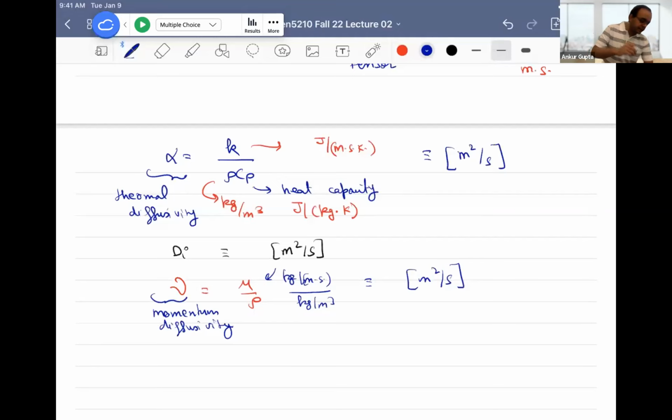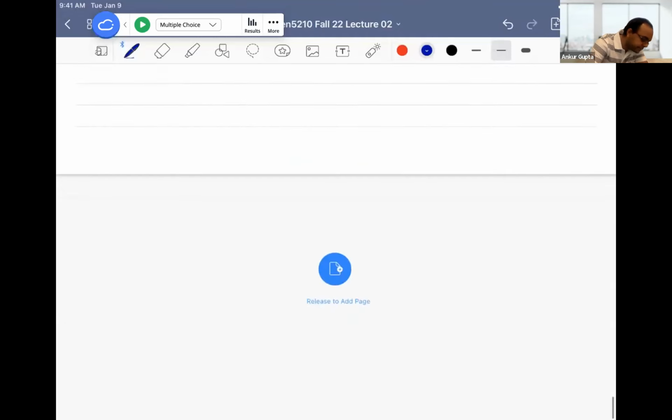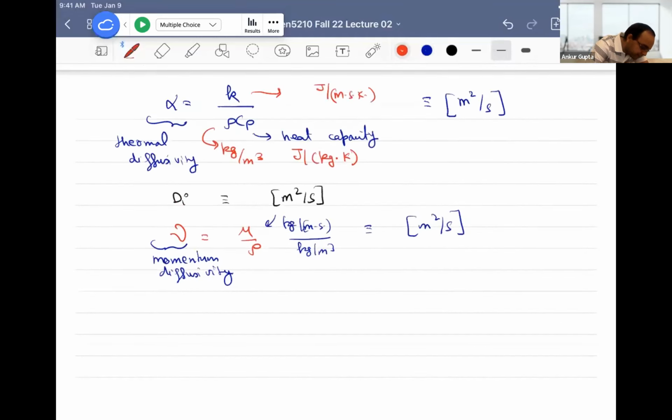So what I'm trying to say here is that if I want to compare momentum to thermal, that is known as the Prandtl number, and that is naturally mu by alpha.